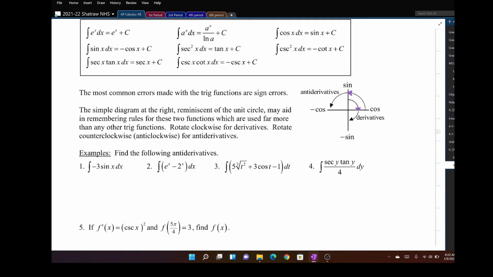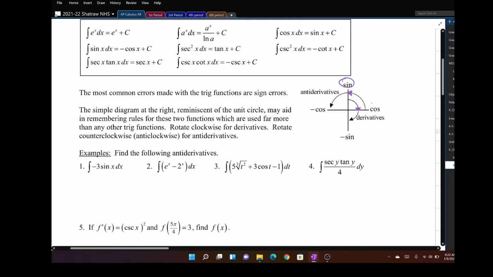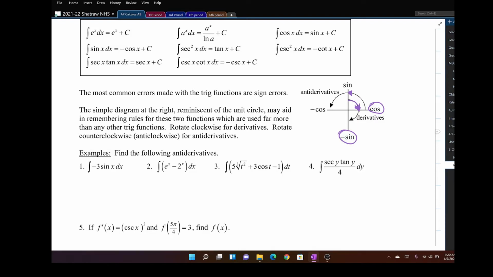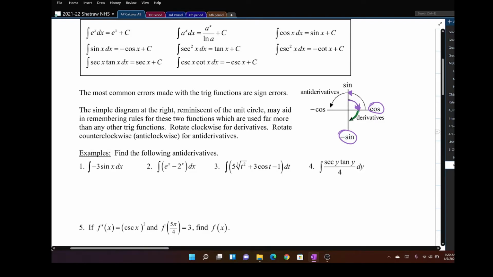And here's what he's saying. If I want to take the derivative of sine and get cosine, we're talking about that arrow right there. And so the derivative of sine is cosine. Now, if I want to take the derivative of cosine, what should I get? I should get negative sine. And that would be this arrow right there.